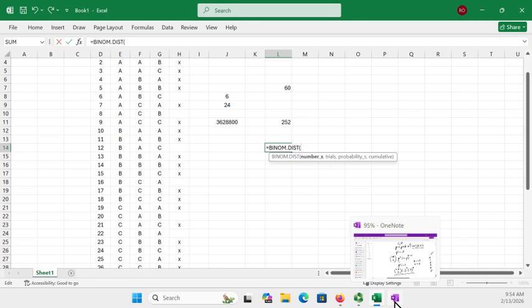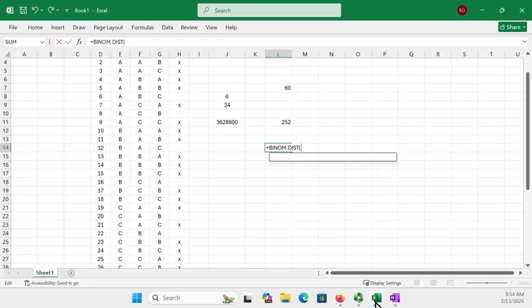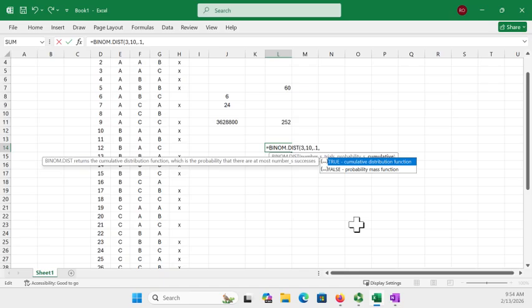I'm going to use what I have: 10, 3, 0.1. 3 successes, comma, 10 trials, comma, 0.1 is the probability of success, comma, and we're going to put in a 0.